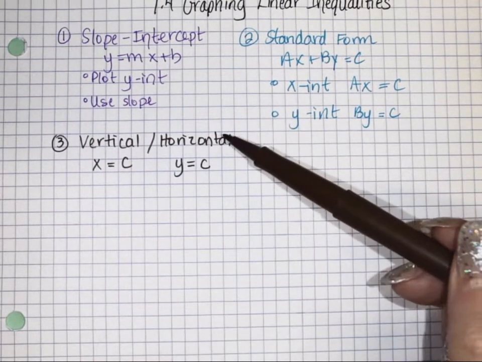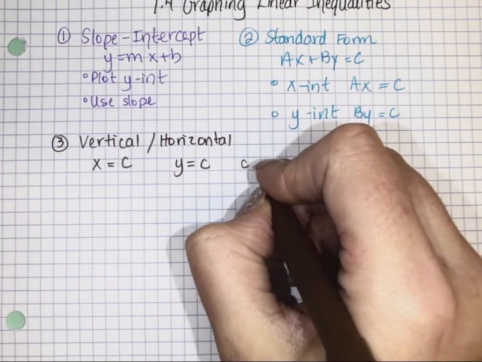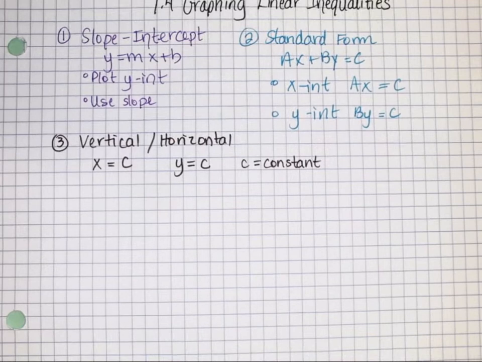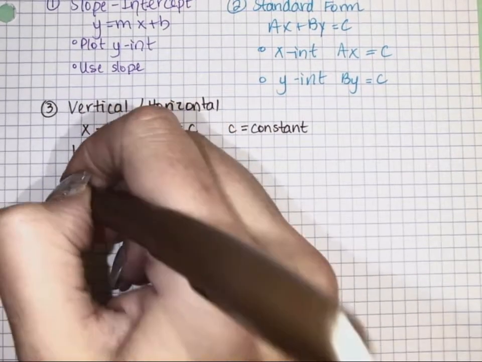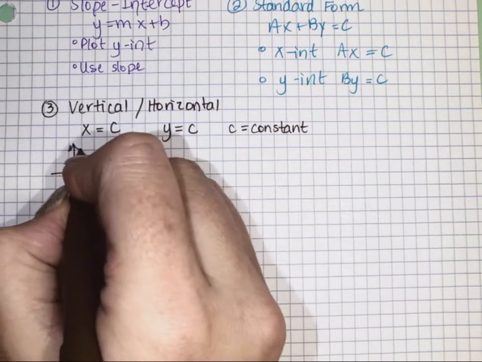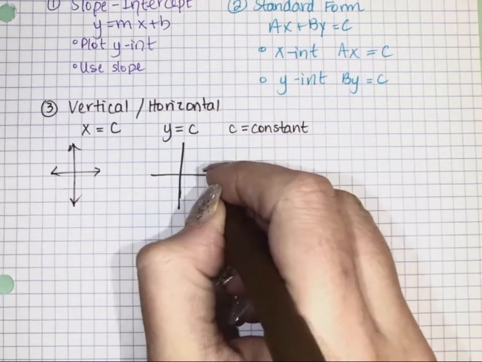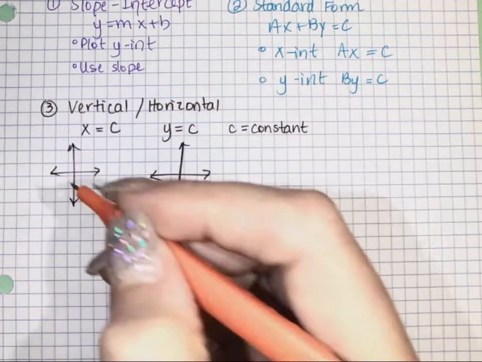If you see y equals a number, it's a horizontal line. And of course, c is just equal to a constant or a value. Vertical lines, if you will recall, have an undefined slope, and horizontal lines have zero slope.